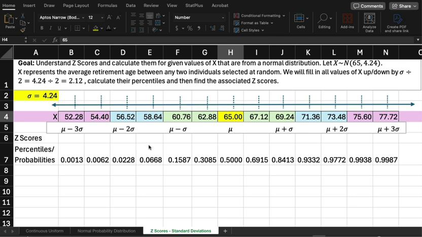So in front of us are our x's that are calculated from our given information. All we know is that the mean was 65, so I placed that here in cell H4. I just typed that in. It's not a formula or anything. That's my mean. And deliberately, it's right in the middle because we want to see what happens to x values as they get farther and farther away from the mean.